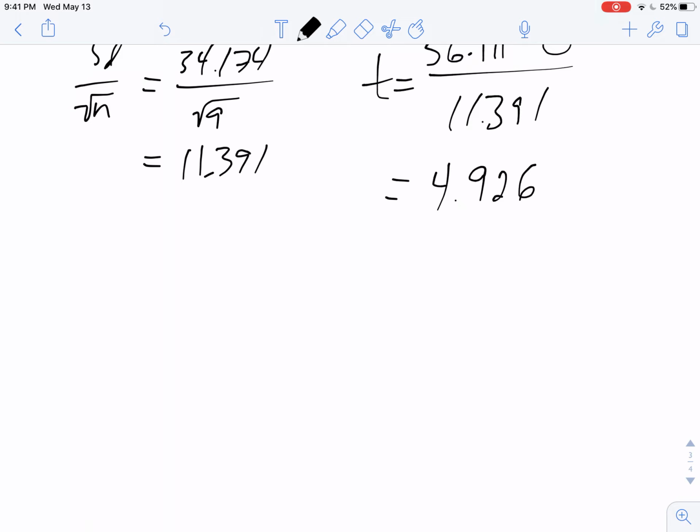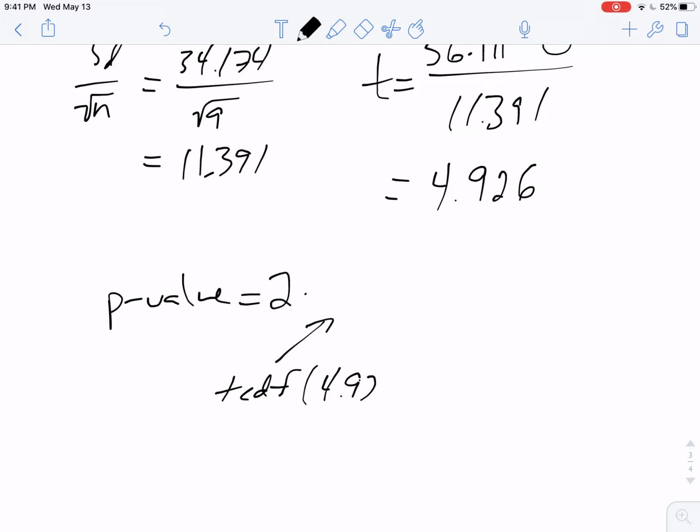And then what I want to do now is calculate a p-value. Because it's a 2-tailed test, I'm going to take 2 and multiply it by the number that I get from tcdf on the TI calculator. So what I'm going to put into tcdf is that t-value. I'm going to use 1E99 for a very large positive number.